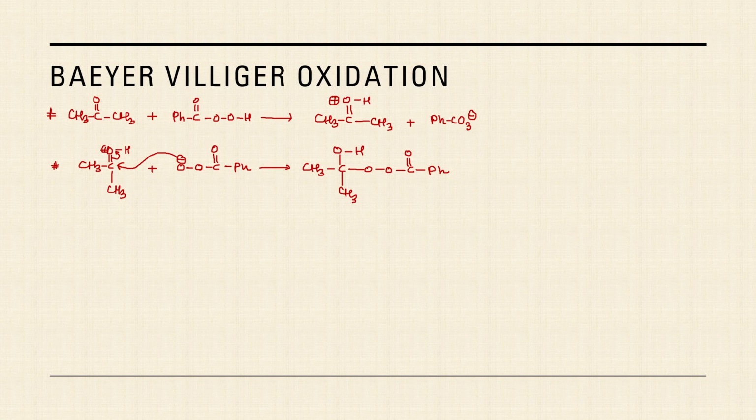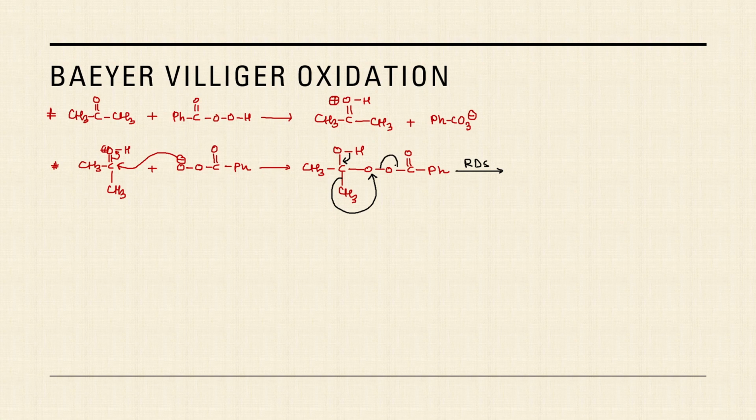Now इसके बाद का जो स्टेप होता है ना, the step after this is the rate determining step. What actually happens is these electrons come over here. This one moves to this oxygen.